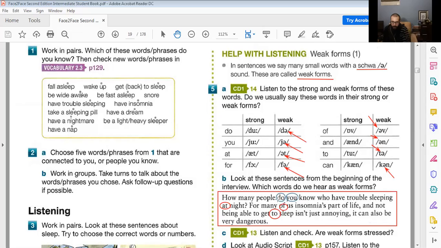What else? Part of life. And not. After the comma, I mean, and not. There are still a few others, I think. It can.